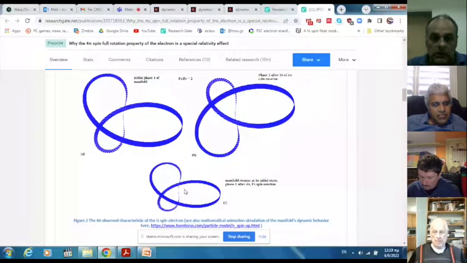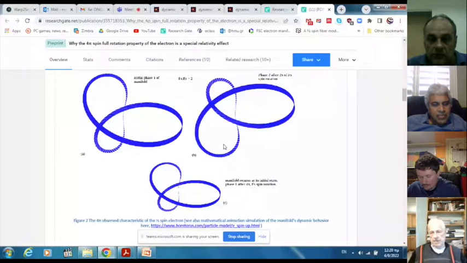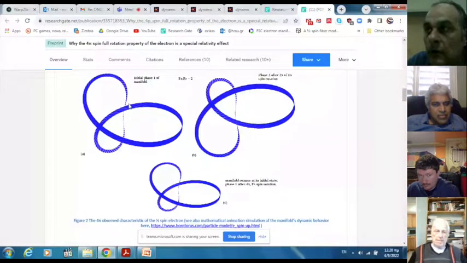Our model demonstrates very nicely this 4π characteristic. So it's not a ball. That's just the result. The real electron is just a twisted loop. You can imagine it like a loop of electromagnetic flux.